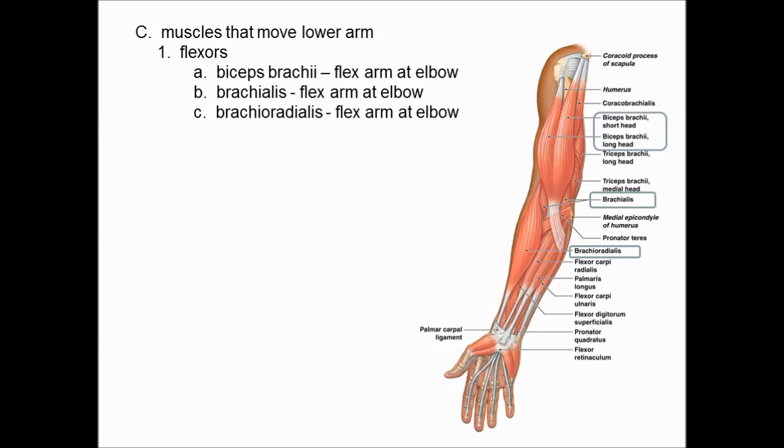The brachialis is in the synergist family, and it's right underneath the biceps brachii. You can just see a little bit of it underneath the muscle, so it parallels, and it's a synergistic flexor. And the brachioradialis, although down here, still flexes the lower arm at the elbow. So all of these do the same thing, so they're synergists.